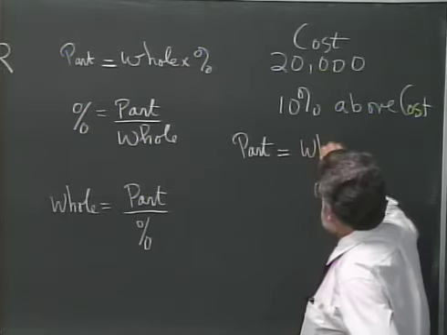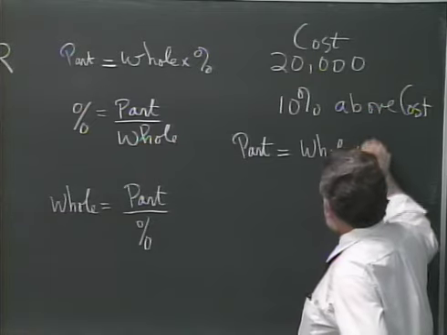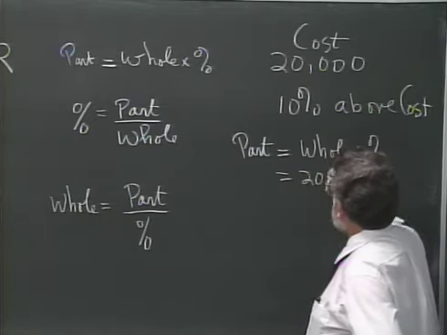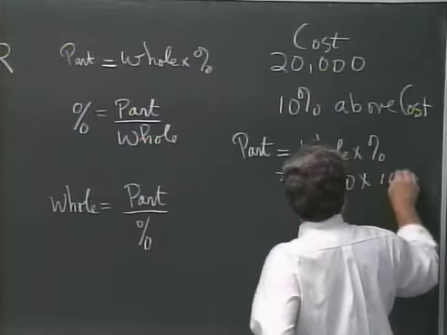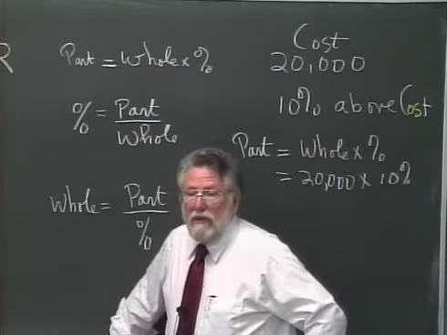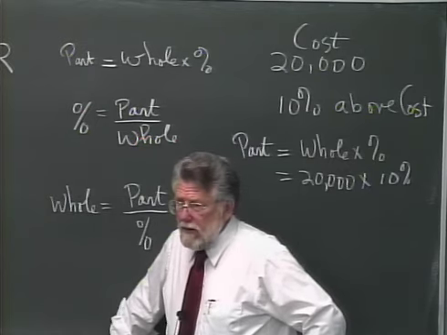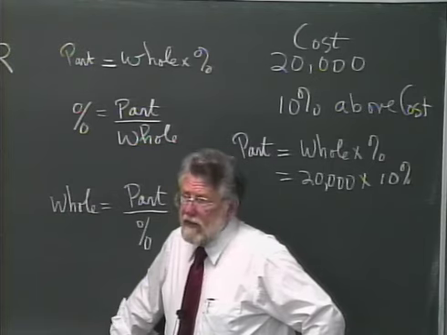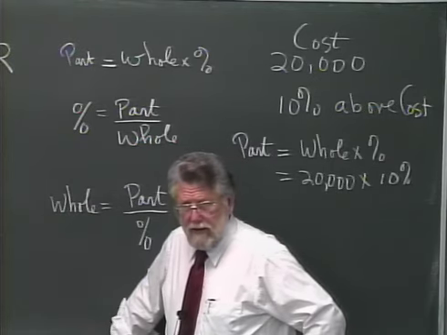Whole times the rate or percent. So that was 20,000 times 10%. So 10% is 10 over 100. That's 1 over 10. You're dividing by 10, so you get 2,000, as Teresa said.